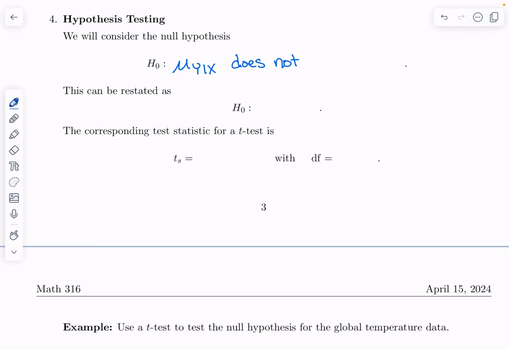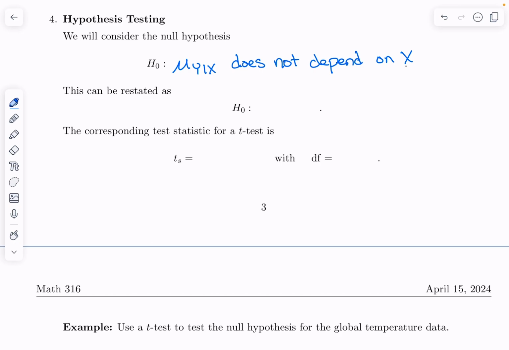So in other words, what we're saying is that if there's no linear relationship between y and x, then the mean does not depend on x. That the average of our y's given x's does not depend on x.